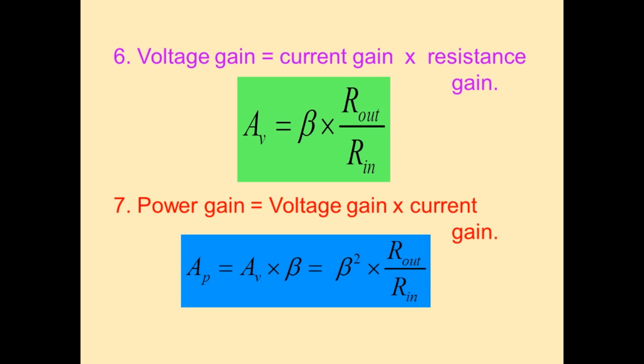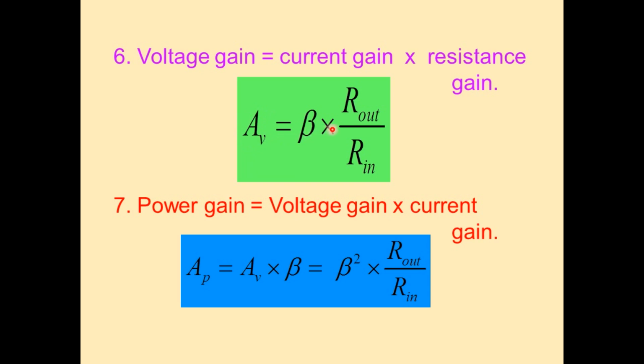So, the voltage gain of a transistor can be measured, and from that formula we can write the voltage gain equal to current gain into resistance gain. Current gain or current amplification factor.